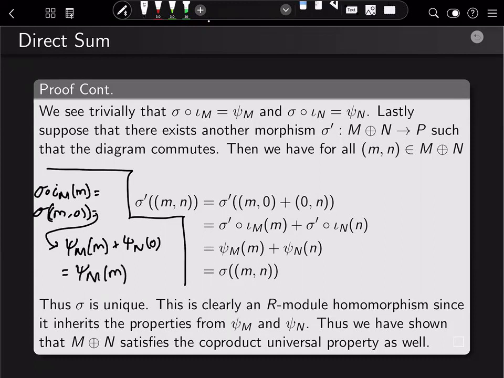And we see the same thing for sigma composed with iota sub n, so that's well and good. Now we're going to show that it's unique.